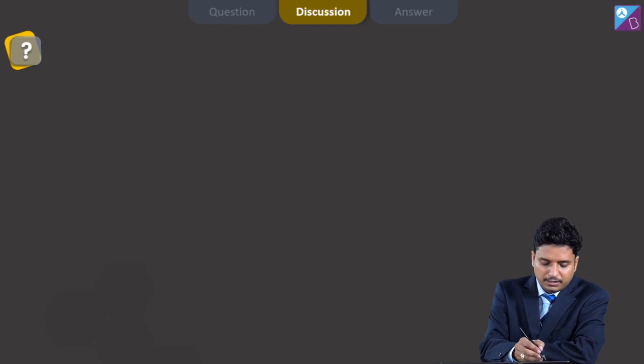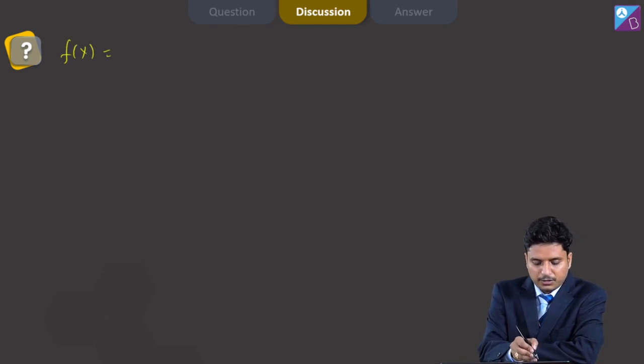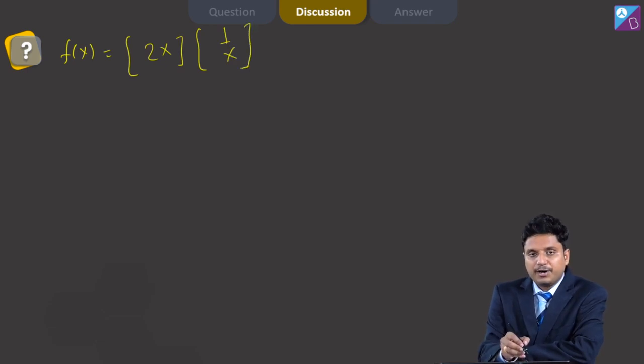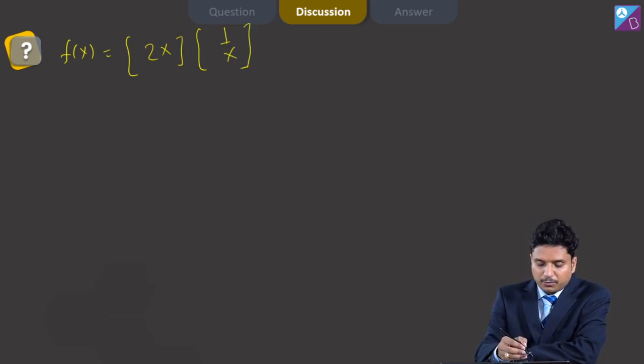Here f(x) is equal to the integer part of 2x times the integer part of 1 by x. What are the points where we should be cautious about discontinuity or non-differentiability? It should be x equal to half, and similarly x equal to 1.